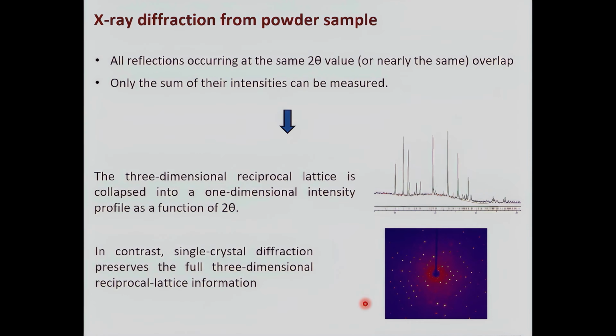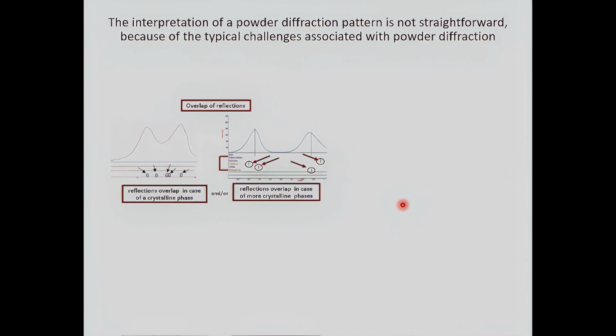Instead of single crystal, where we collect a spot pattern and can measure the intensity of each spot with accuracy, this is not the same here. It is not possible to measure the intensity correctly because of this big, unavoidable problem in the case of powder, which is the overlapping of reflections.